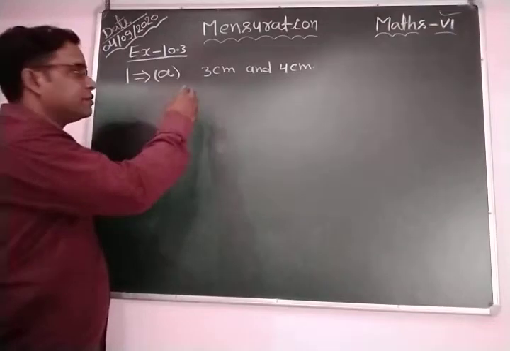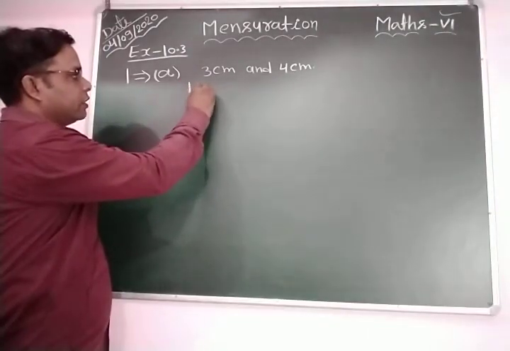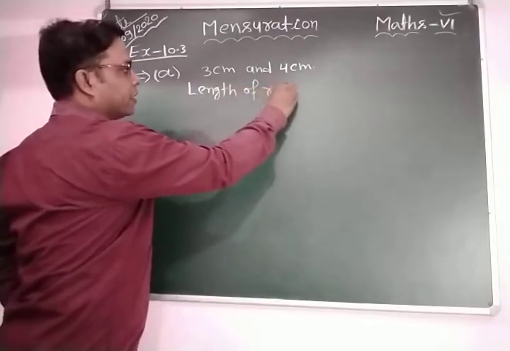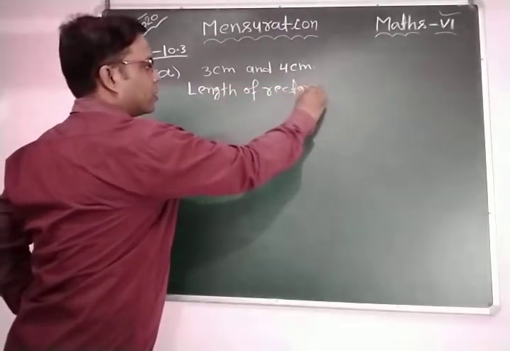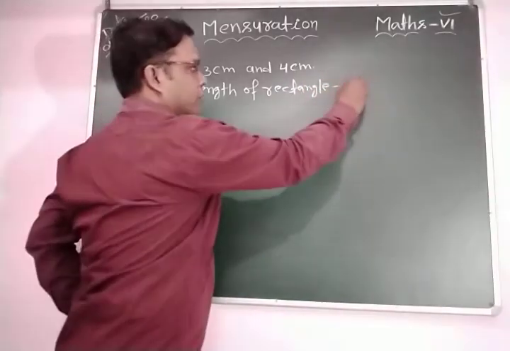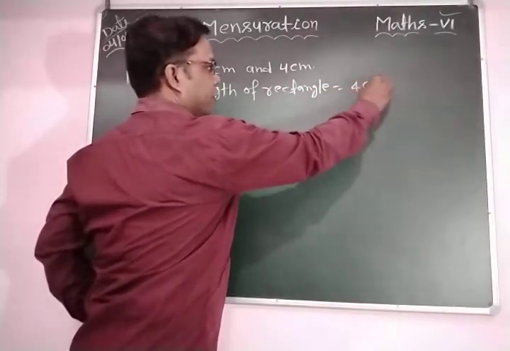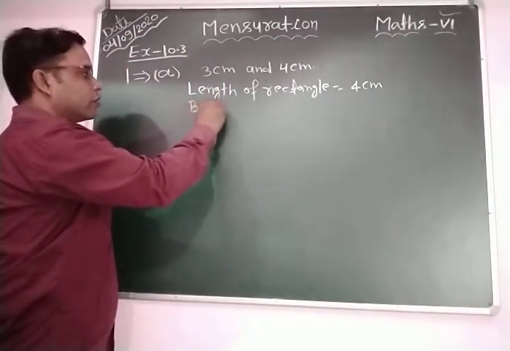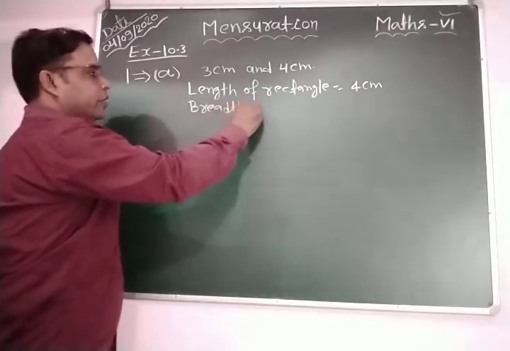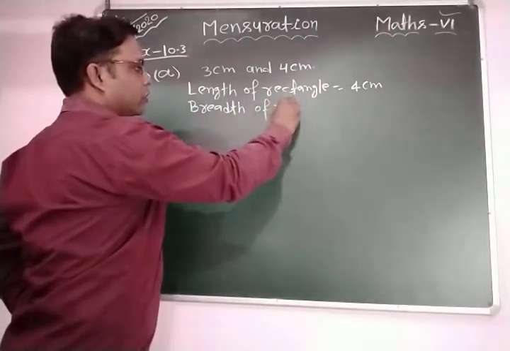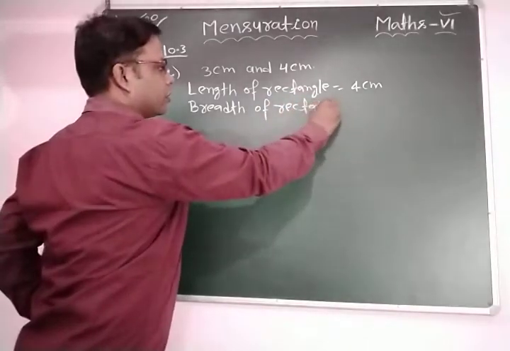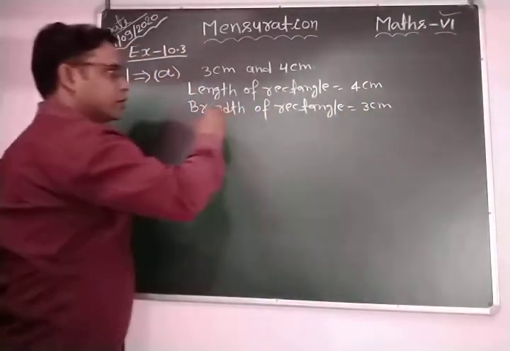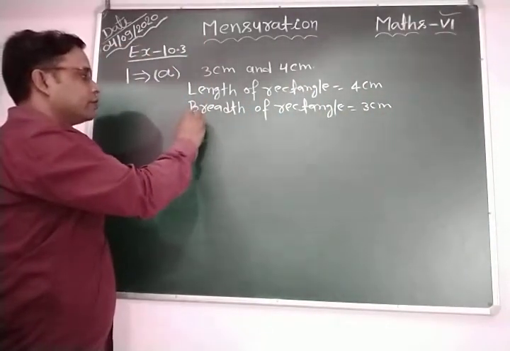So here you can write: length of a rectangle is equal to 4 centimeter, breadth of a rectangle is equal to 3 centimeter.